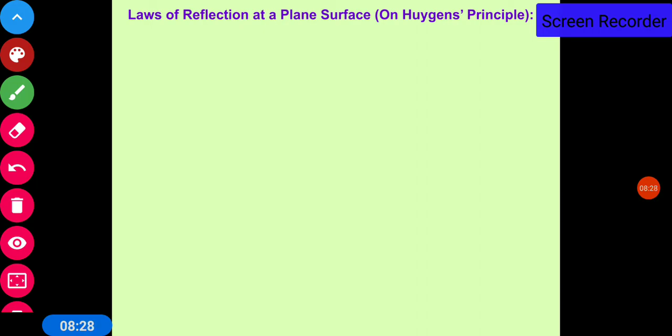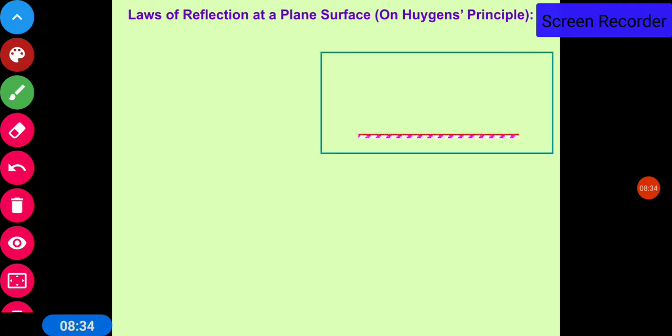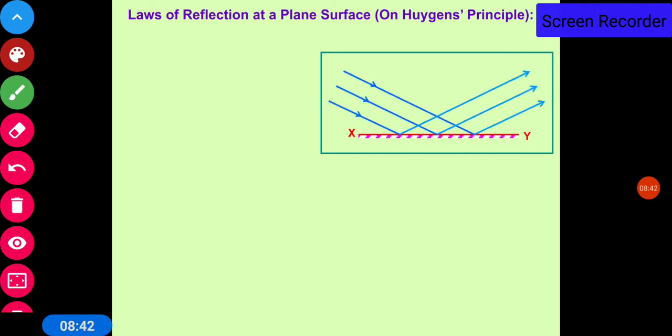Now let us explain the laws of reflection at a plane surface on the basis of the Huygens principle. Now this is any plane surface XY. The wavelets or the rays are coming or falling on the surface XY and reflecting. So AB will be the incident wavefront and CD will be the reflected wavefront. How do we obtain the reflected wavefront?